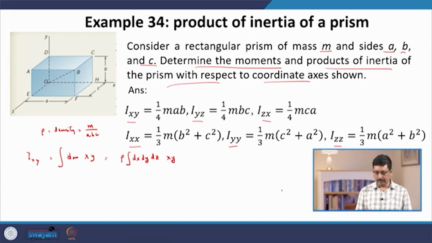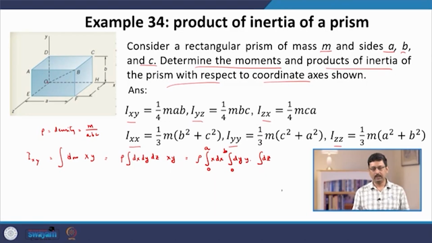So, x, y, z are independently varying variables, so I can factorize. We have x dx times y dy times dz, and now we put the limits. x varies from 0 to a, y varies from 0 to b, note that now y varies from 0 to b, unlike the previous example, and z varies from 0 to c. This gives us rho times half a square times half b square times c.